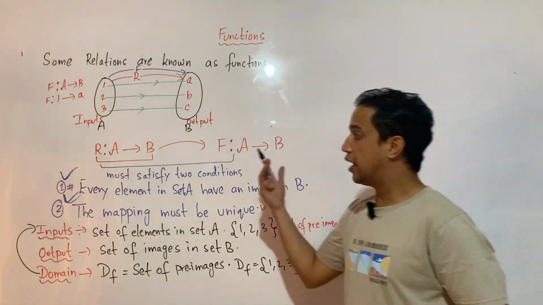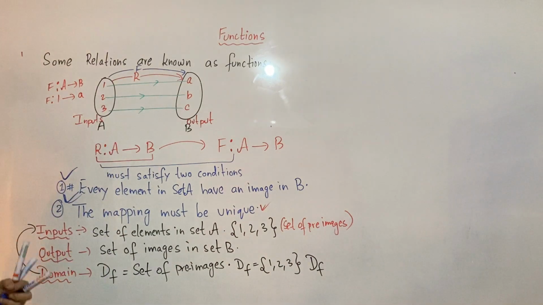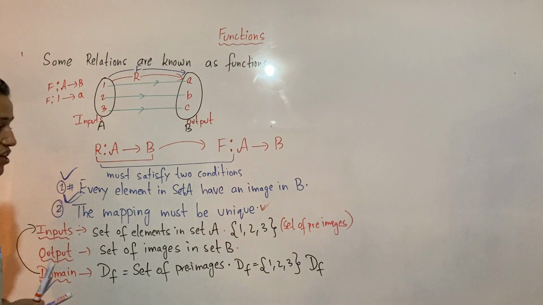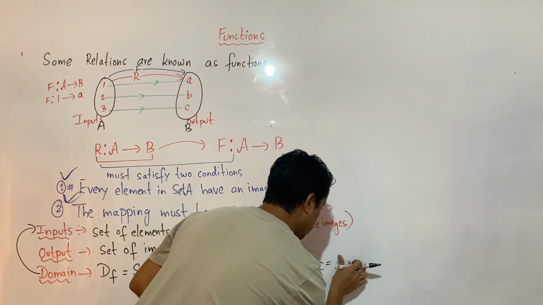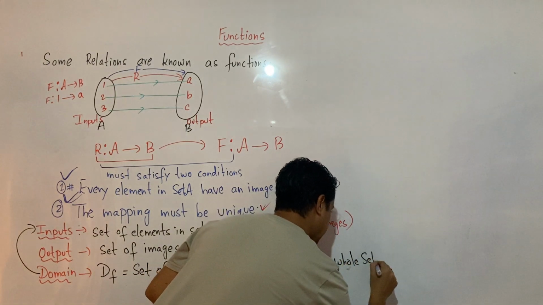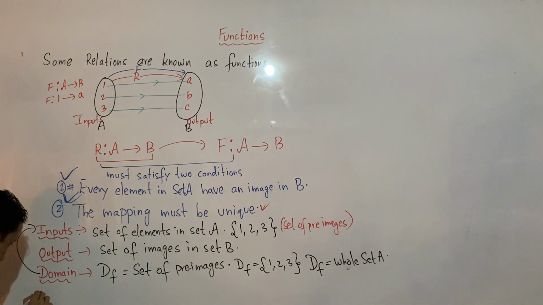Why? Because we know every element must have an image. So you have to include the whole set A.